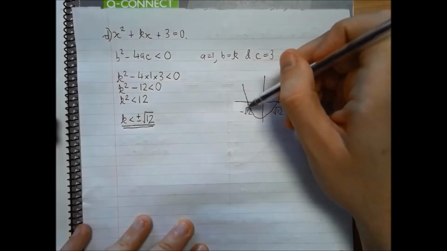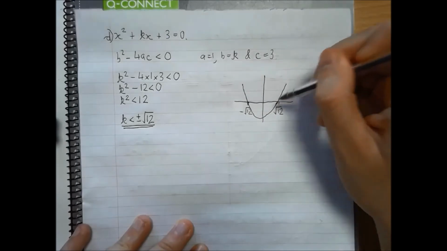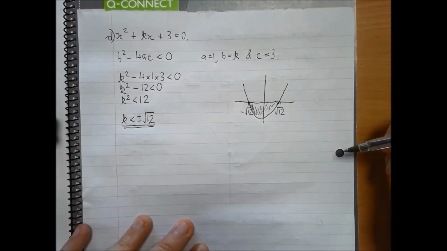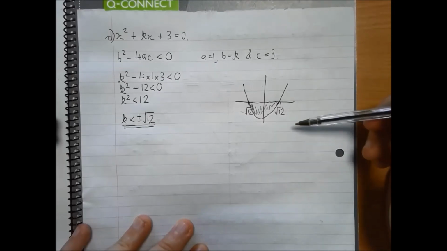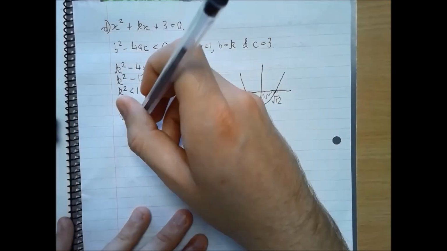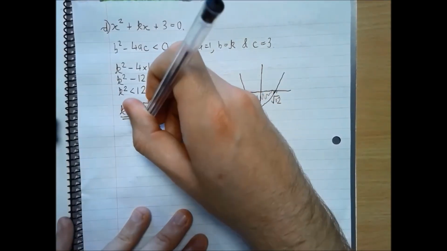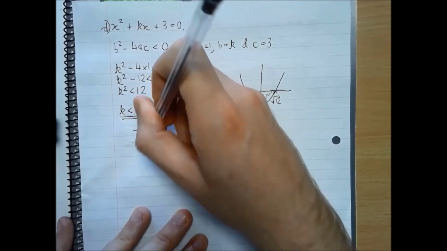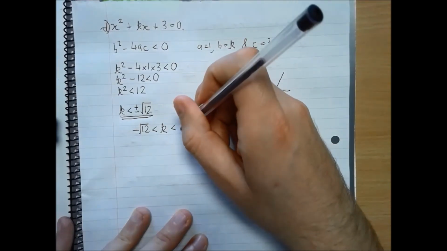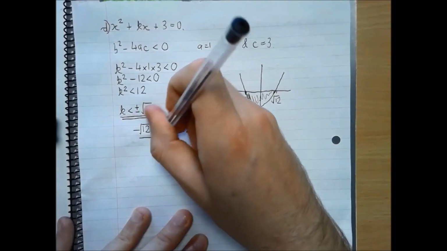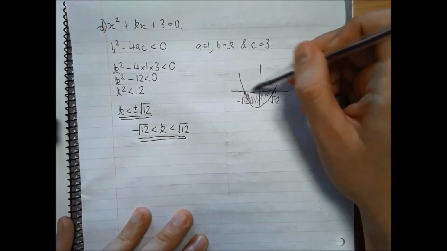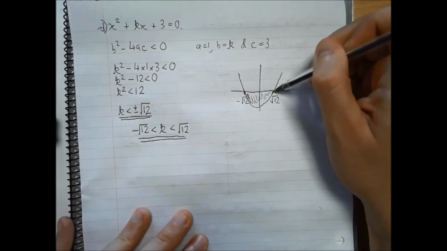Okay? So your solutions are going to lie between minus root 12 and root 12. So that's why it's really crucial you get the inequalities the right way around, because then we can express our final answer as k is bigger than minus root 12, but it is smaller than positive root 12. So this is why a graph, just to visualise it, so you can say, right, it's below 0, so I know it's going to be along here.